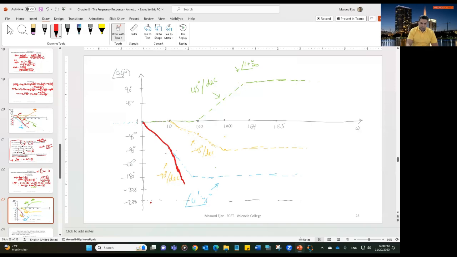So that means it's going to go from negative 90 and 135. That's going to be 225. So it's going to reach 225 actually, 225 up to 100. And at 100, this slope and this slope will start canceling each other.